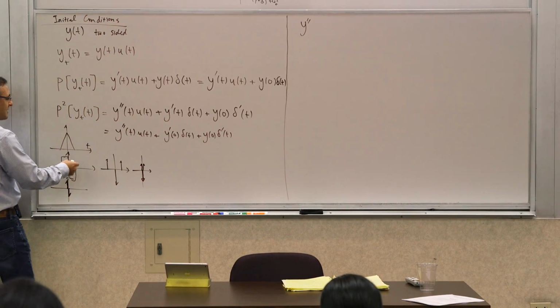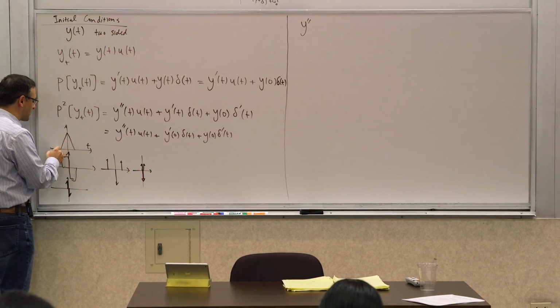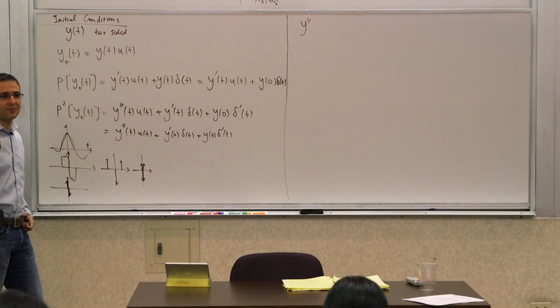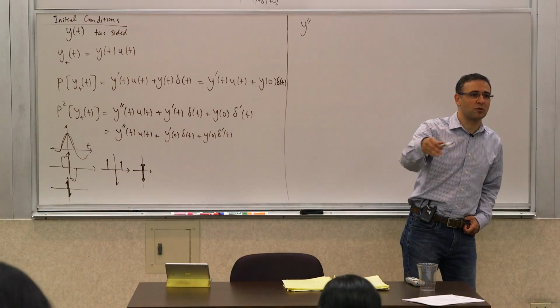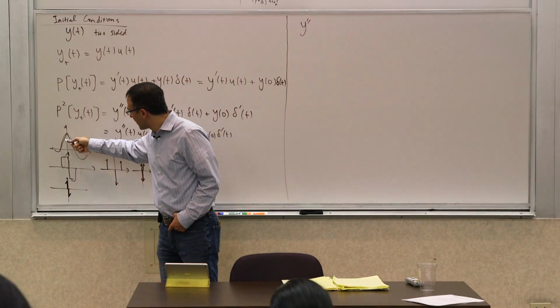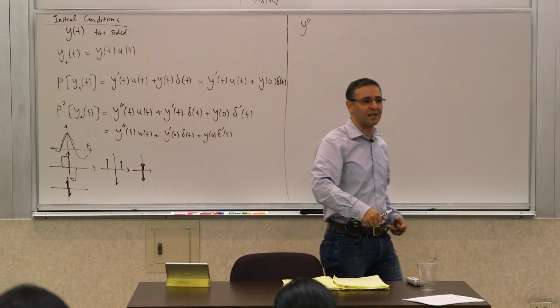Whenever you are in doubt what it is, that's why eventually it may make more sense to make these out of more smooth functions. Because then as you differentiate them, you will see that the derivatives are also smooth functions. And then when you look at them, they make more sense. Like when I went from this to that, it was a continuous function that allowed me to go one step farther without getting into a delta.